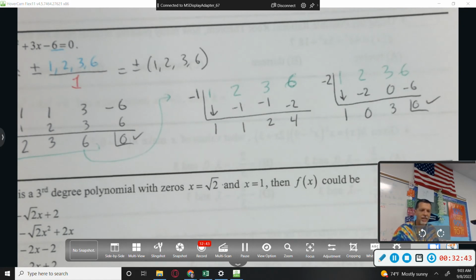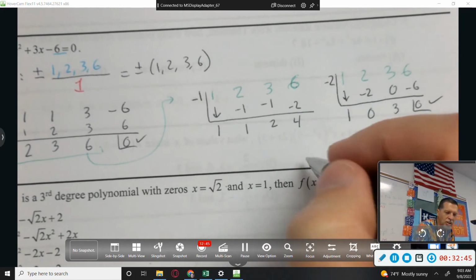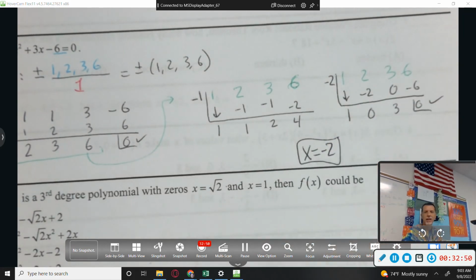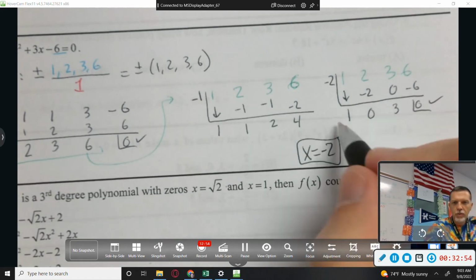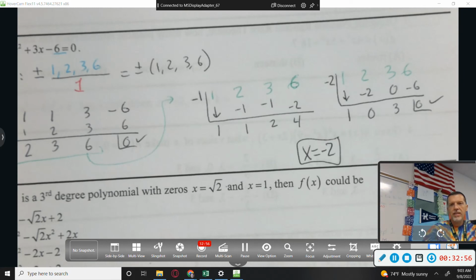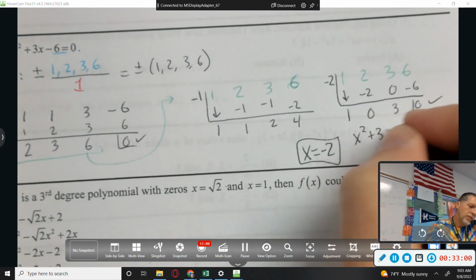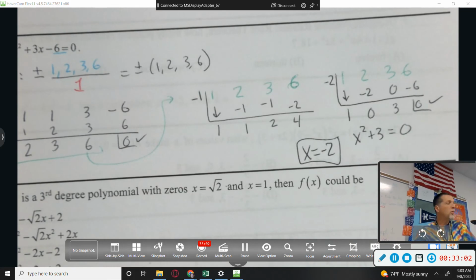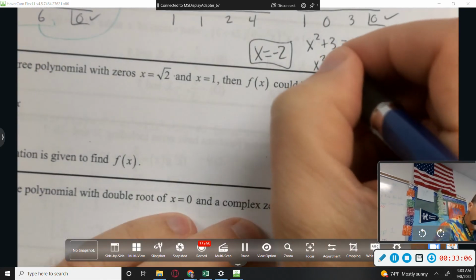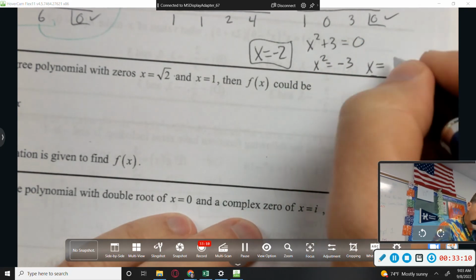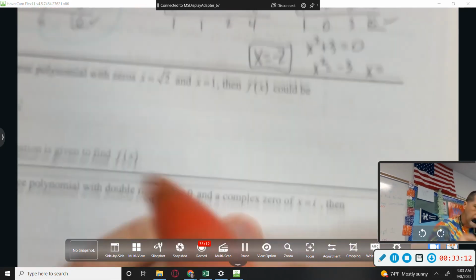I mean, I can tell it is, but I need you to say x equals negative 2. That worked. We're good with that one. And then what do I do with this 1, 0, 3 business? That's a quadratic. So x squared plus 3 equals 0. That won't factor, but I don't need to use the quadratic formula because I can just move the 3 over and use the plus or minus square root method.